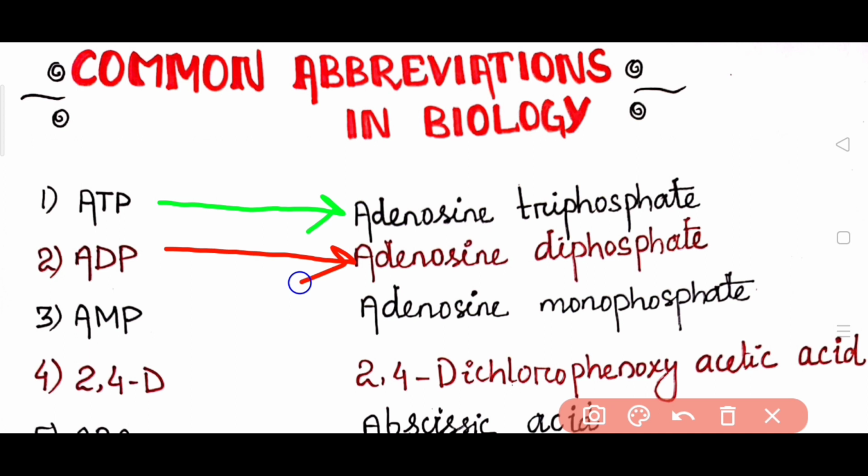When ATP molecule splits off one of its 3 phosphates, it becomes ADP, that is adenosine diphosphate, and an inorganic phosphate molecule. Then AMP, the full form of AMP is adenosine monophosphate.